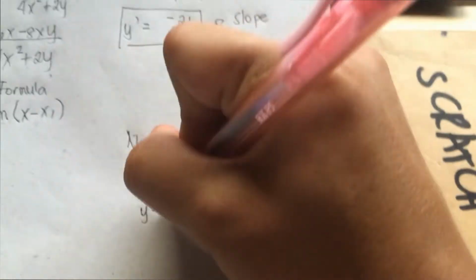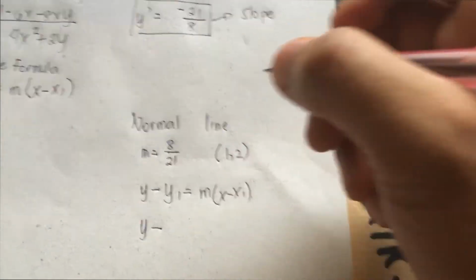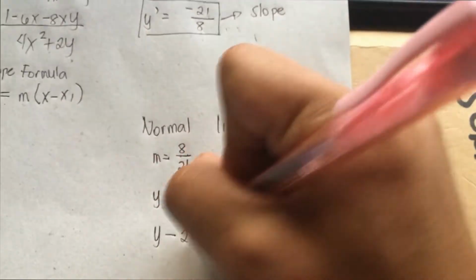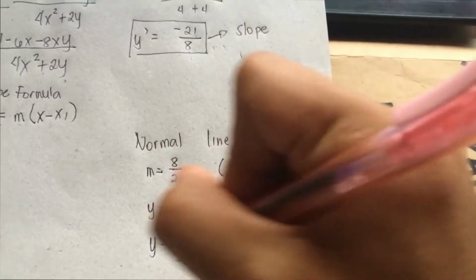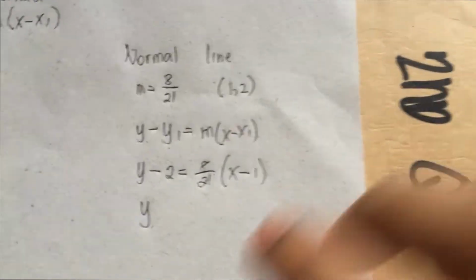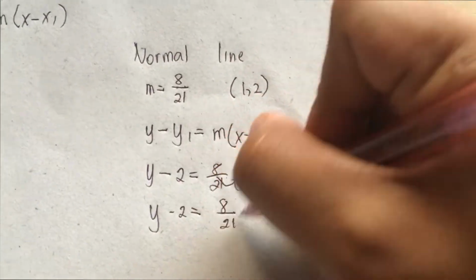The same formula, the point slope formula. Next, y minus y sub 1 is 2. M is 8 over 21 times x minus 1. The same process: distribute first, then collect like terms.